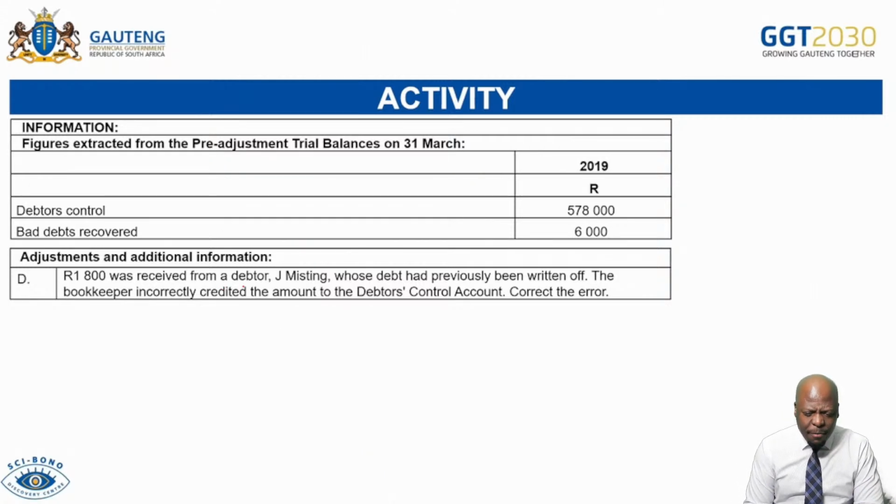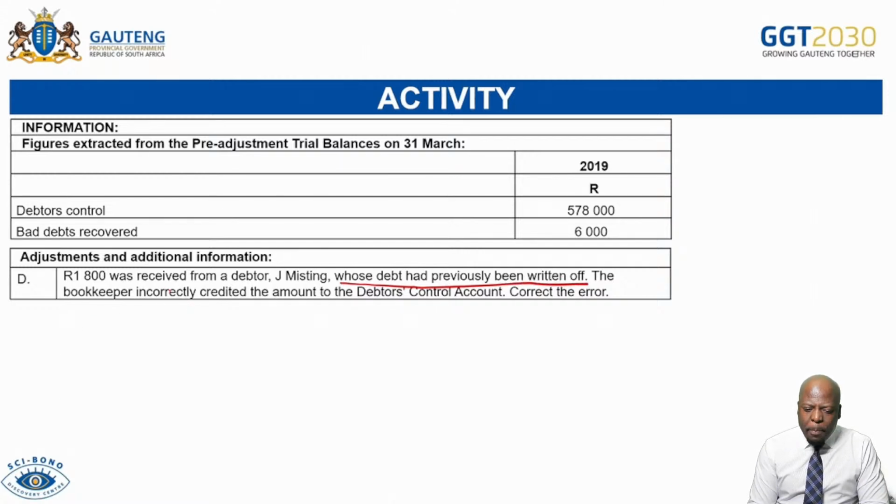1,800 was received from a debtor, Jamie Sting, whose debt had previously been written off. So Jamie Sting had a debt that was previously written off as a bad debt.